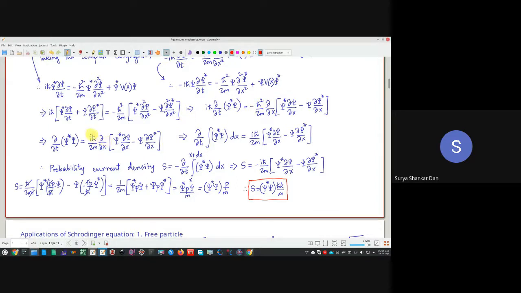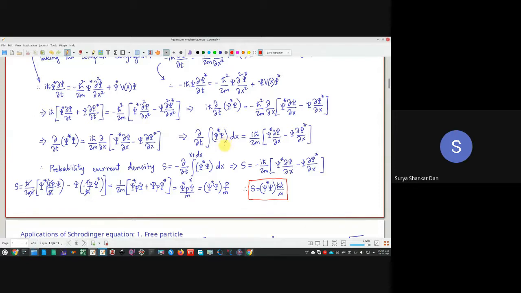So one of them will get cancelled and you will be left with this one. This will essentially lead to, instead of this, I can take del del x outside. And this del x, I can take as an integral on the left side. Okay, you can see this.